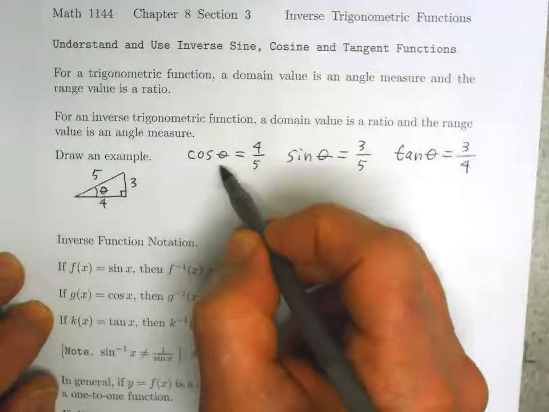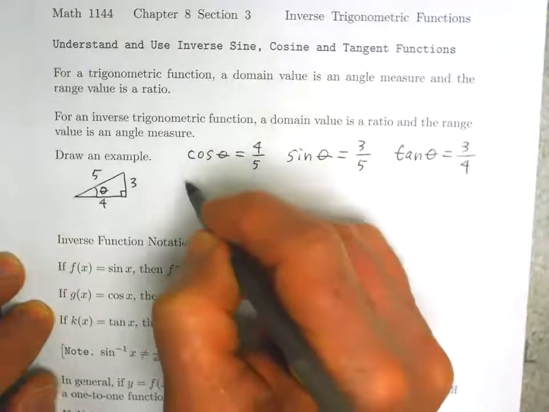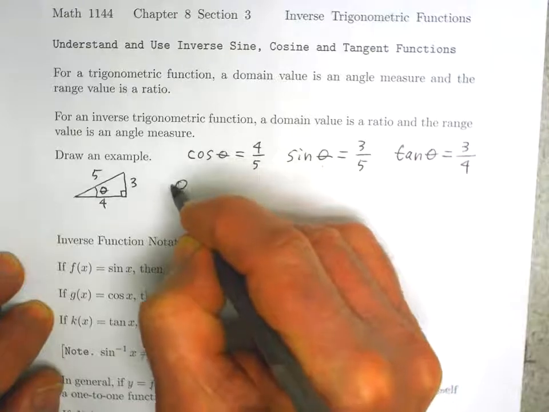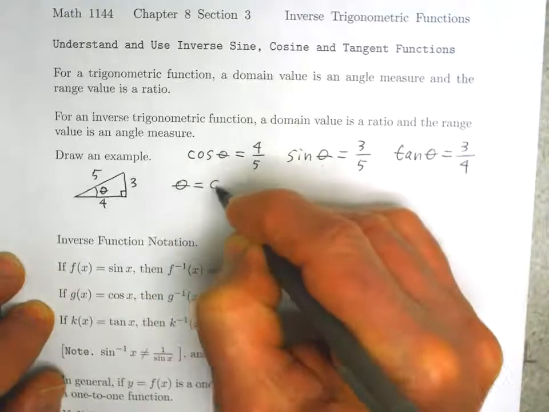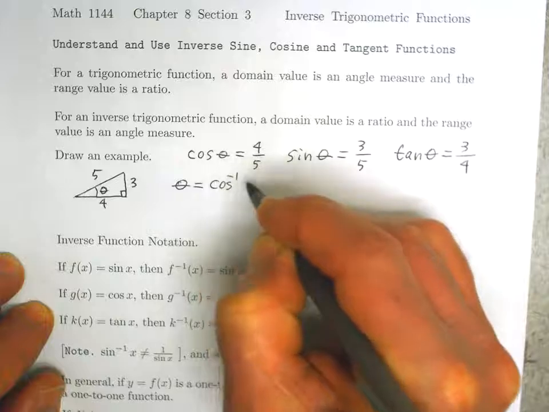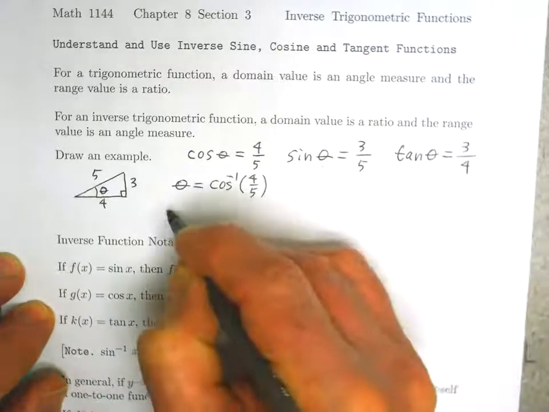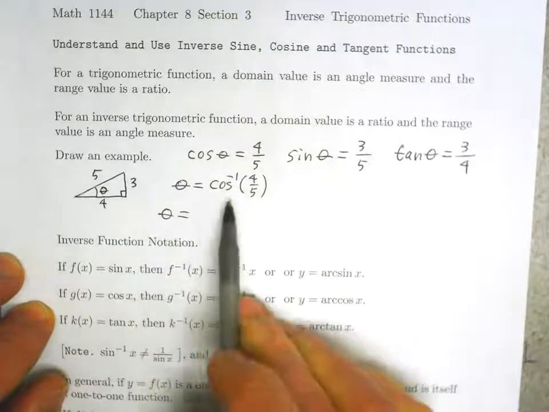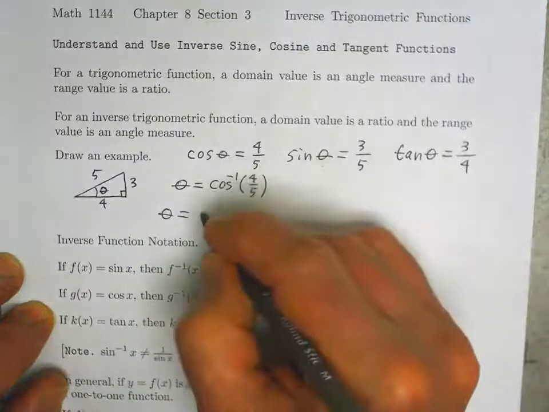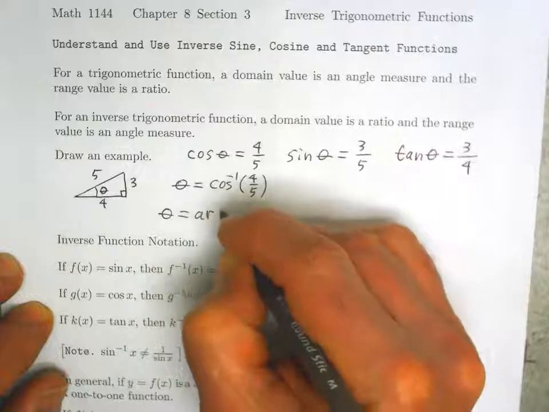If cosine of theta is equal to 4/5, then theta is equal to the inverse cosine of 4/5. Inverse cosine also is equivalent to saying arc cosine.